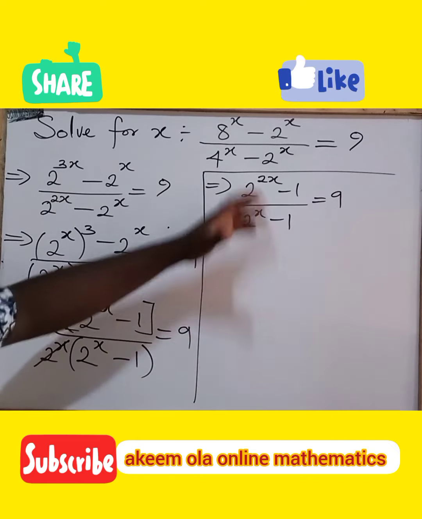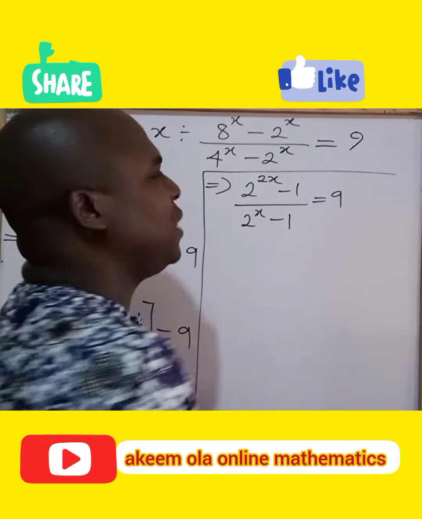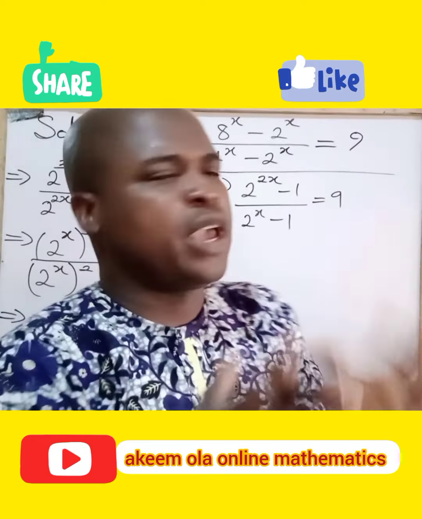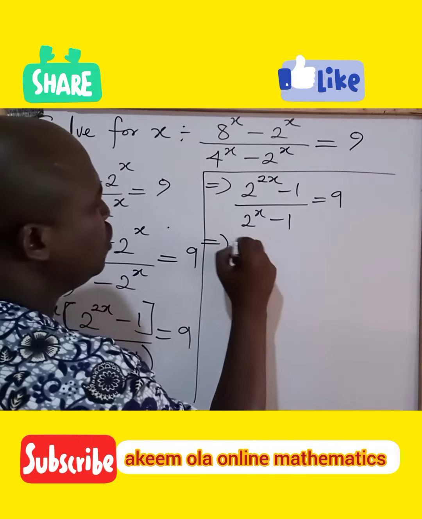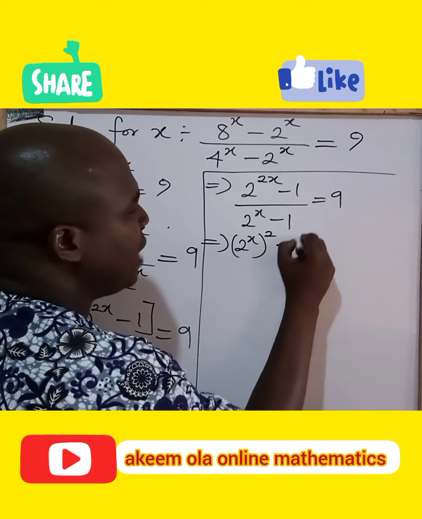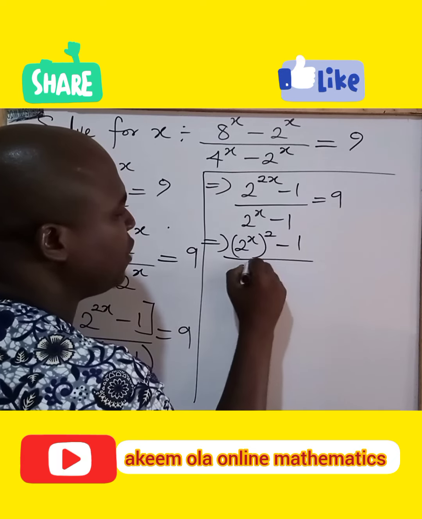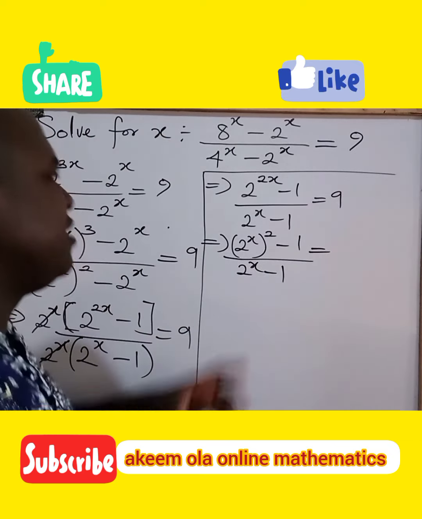Looking at this numerator, you will notice that we can actually apply difference of two squares to it. If we apply it, we are going to have 2 to the power of x all squared minus 1 all over 2 to the power of x minus 1 is equal to 9.